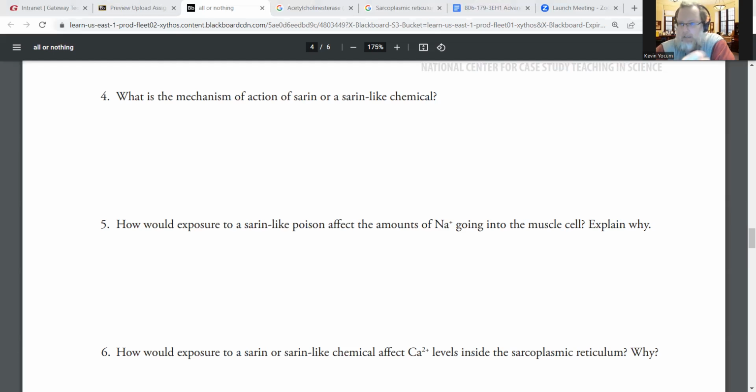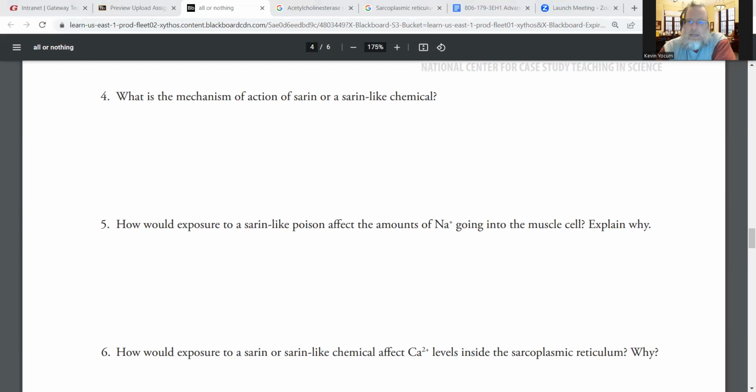To unbind or to relax the muscle, we have ATP being released to break that actin-myosin bond, and then we set the dominoes back up. Calcium gets set back up first, then sodium, then finally acetylcholine, and now we have relaxation of the muscle.